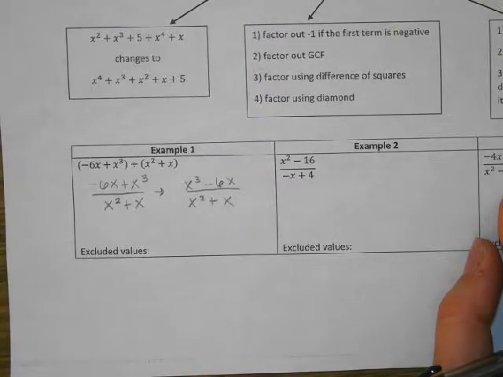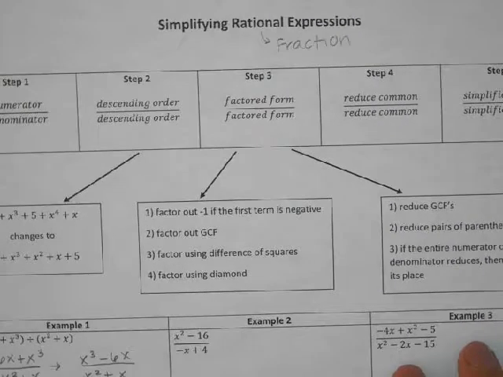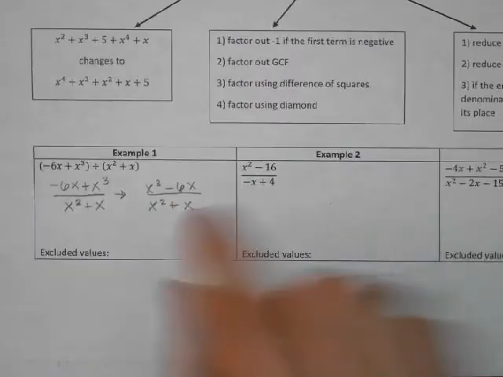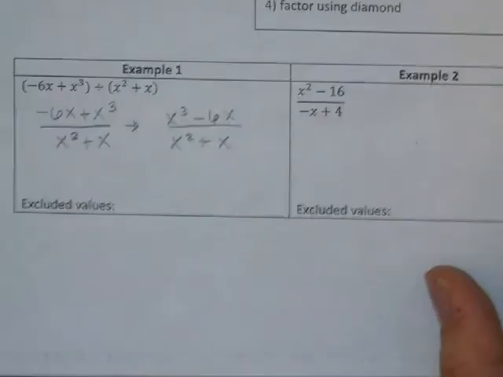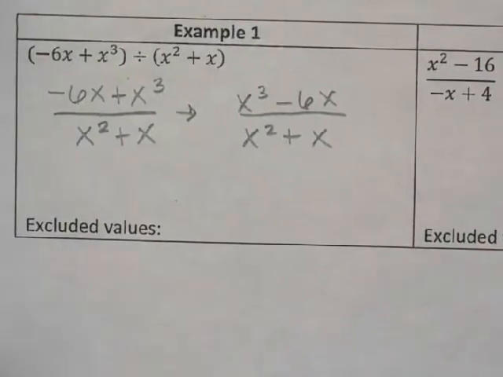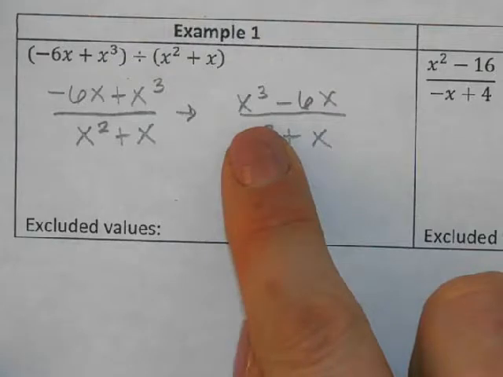Step 3 is to factor the problem. So we write the problem in factored form over factored form. We want the factored form at the top. We want the factored form at the bottom. So if you look at the top, let me zoom in here. How do you factor that? We have a GCF of x.